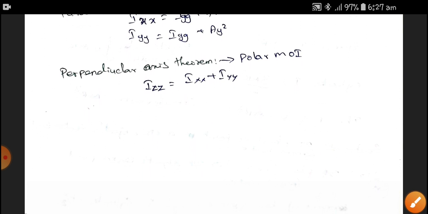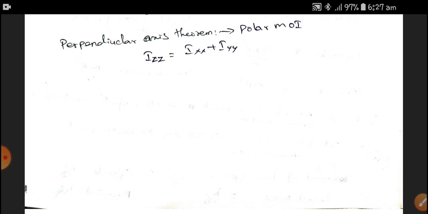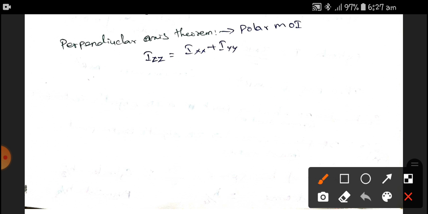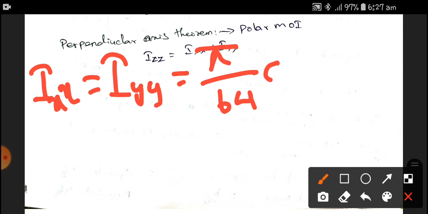And here I would like to give an example of how the perpendicular axis theorem comes in. The polar moment of inertia is mainly for shaft kind of things. For the shaft, Ixx is equal to Iyy, that is equal to pi by 64 capital D power 4.